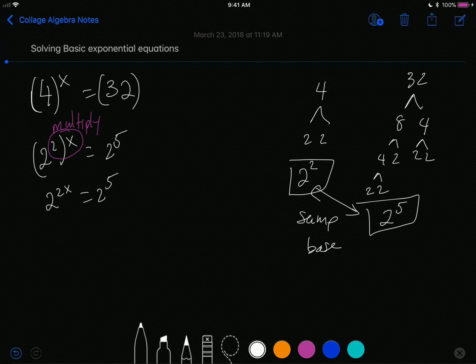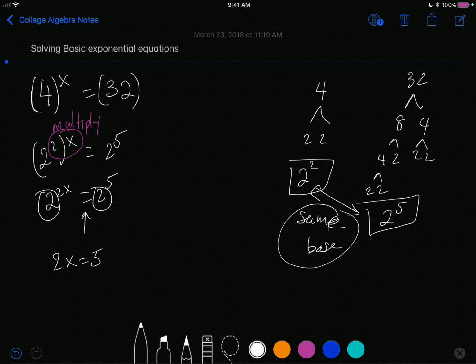The next rule is actually called common sense, but it is a rule that states this. This is an equal sign. I am saying that the two sides are the same. Well, if the bases are the same, then the powers must be the same. See what I did right here? Since the bases are the same, then the powers are the same. This is why these need to be the same.